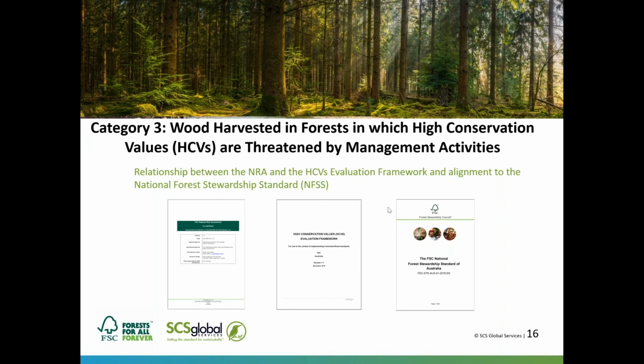Those people with some familiarity with the controlled wood assessments would know that previously there was an assessment framework for high conservation values in relation to controlled wood. As part of the national standards development process, we saw this as a good and effective approach to assess high conservation values in a stepwise and consistent manner across the board.